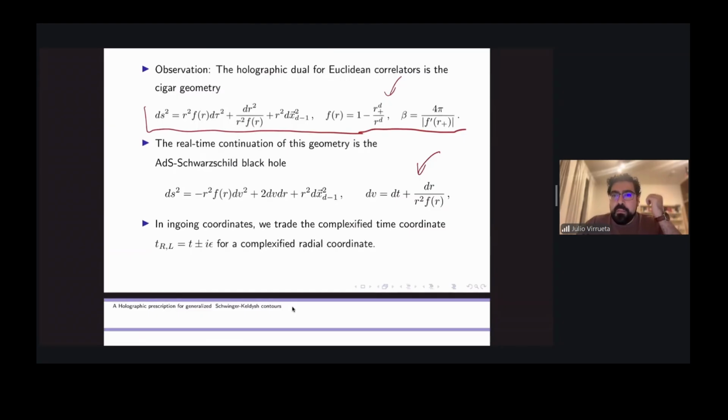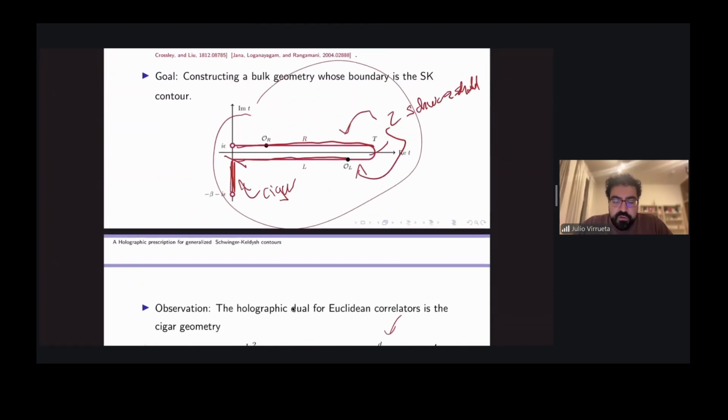In the Lorentzian segment, it's convenient to introduce ingoing coordinates, just because I don't want to deal with artificial singularities at the horizon. I need to worry about analytic continuations across the horizon. But now, in the Schwinger-Keldysh contour, I have this complexification of the time coordinate, right?